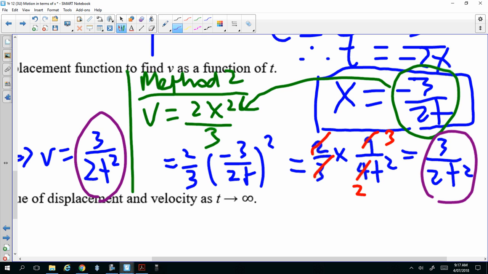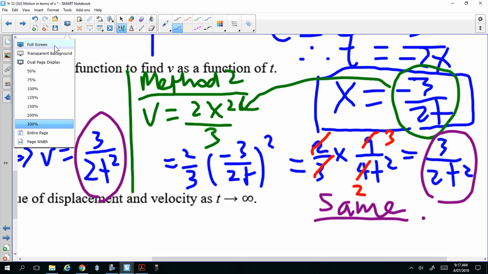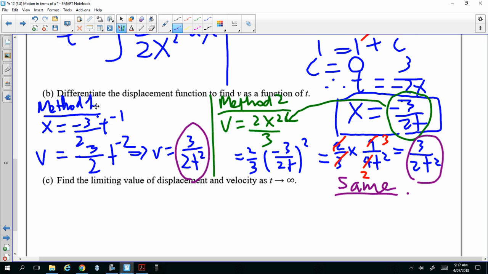Alright, good. Any questions? It's pretty straightforward. Once we get that, we can answer the last question, which is to find the limiting value. How do we find the limiting value? Let's write x in terms of t: x is equal to negative 3 over 2t, and v equals 3 over 2t squared.